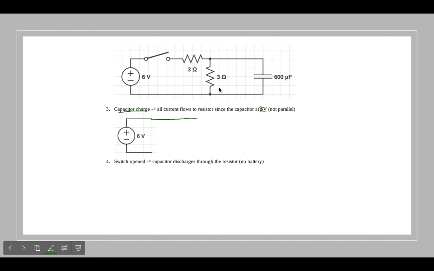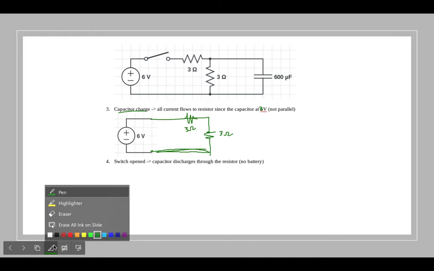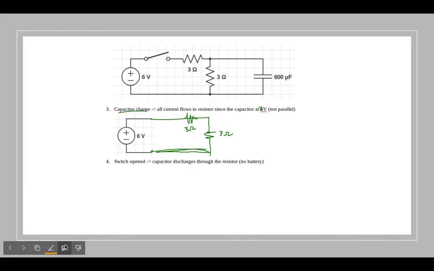Think about what this circuit would be in the final circuit. It should look something like this, right? Once the capacitor is fully charged, you get 3 ohms, you get 3 ohms. What if I just told you this circuit, and pretend there's not even a capacitor attached? If you have a 3 ohm and a 3 ohm, go ahead and figure out the overall resistance: 6 ohms, right?